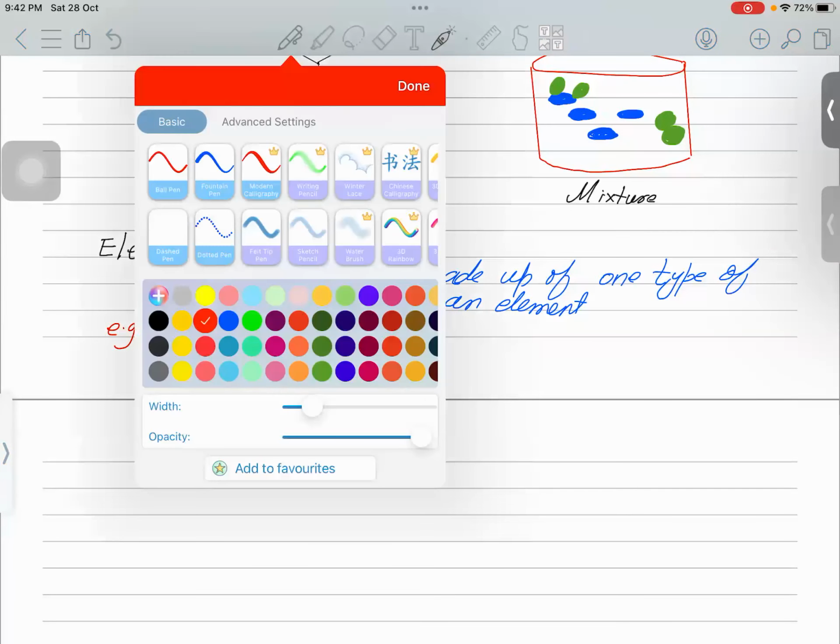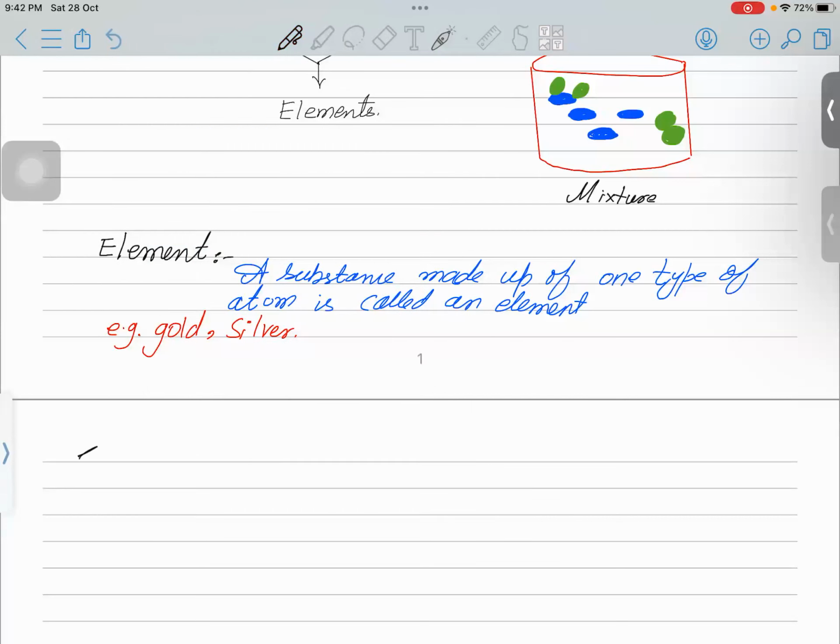Now next is compound. So what is compound?